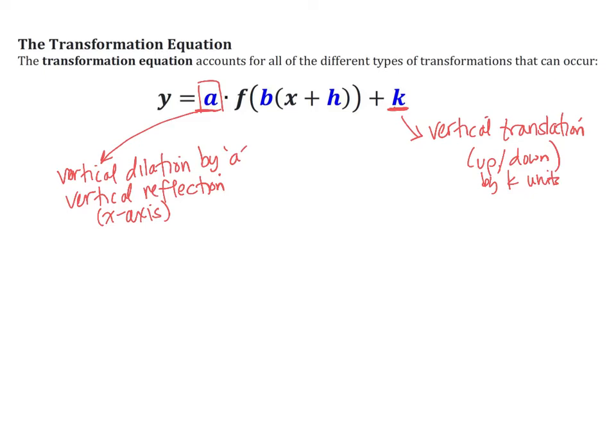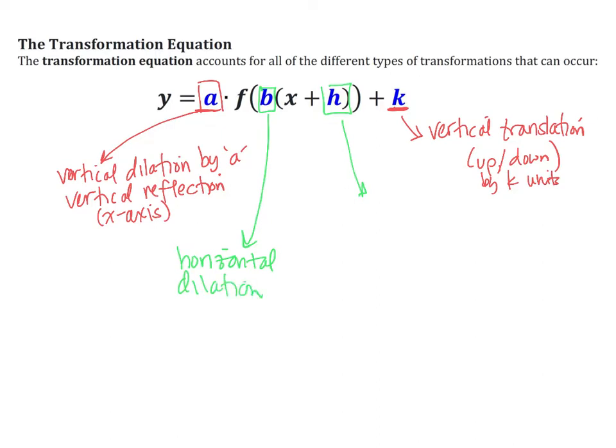Okay, so that leaves us B and H. So B and H are associated with your horizontal movement, your horizontal impact, which is impacting your x values. So B is a multiplier right there. So that is associated with a horizontal dilation.